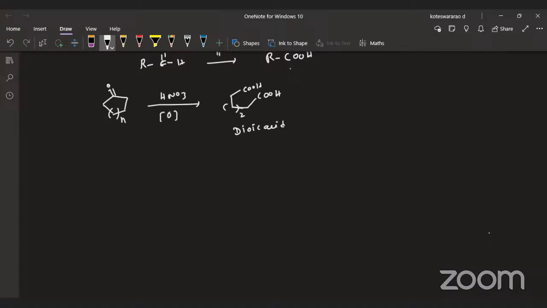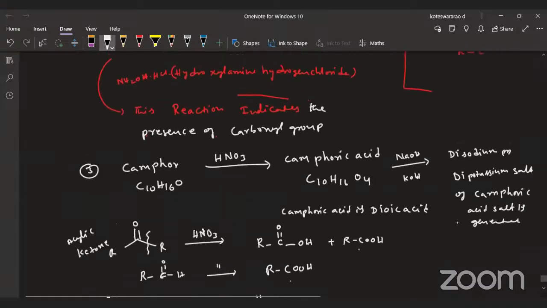Again, I am repeating: if the carbonyl group is an aldehyde, it gives a monocarboxylic acid. If it is an acyclic ketone, that leads to the formation of a mixture of carboxylic acids. But our product is a dicarboxylic acid, a dioic acid.